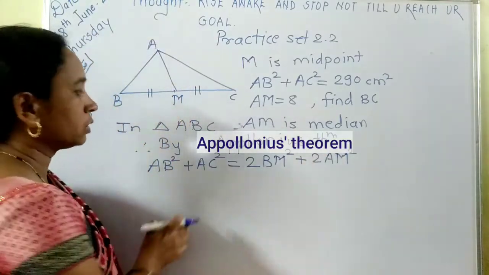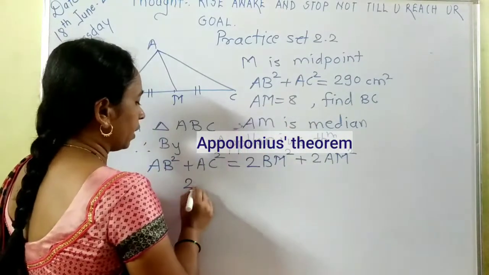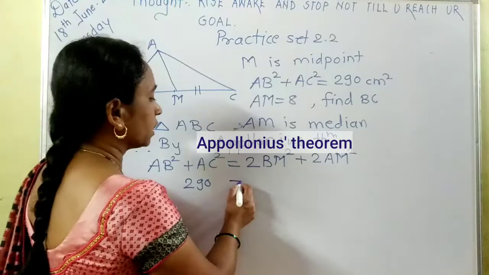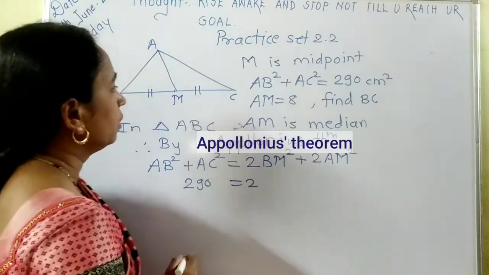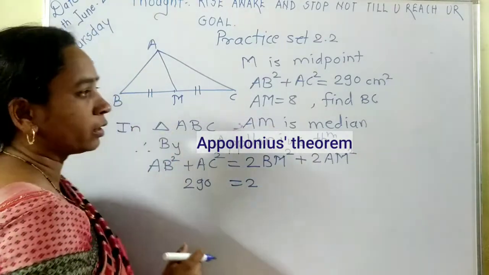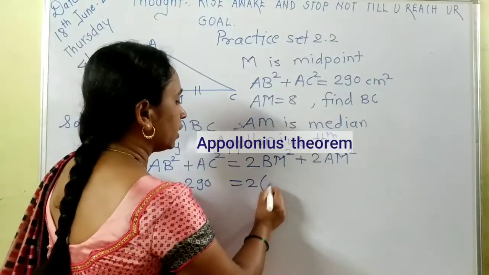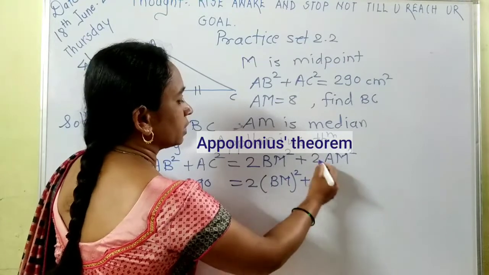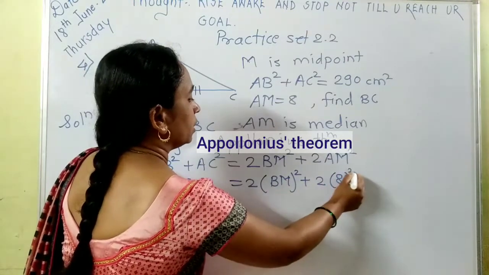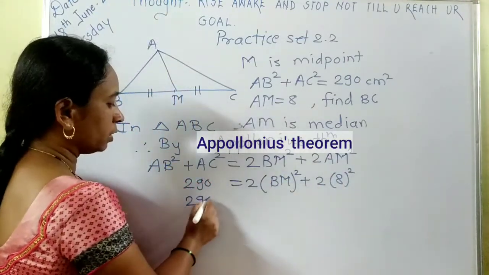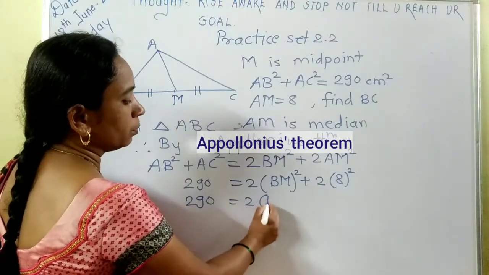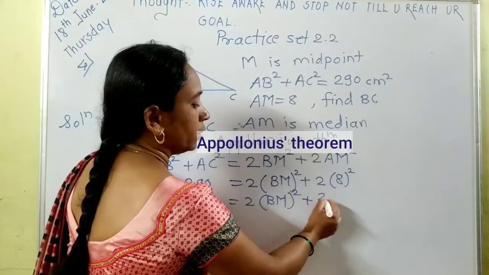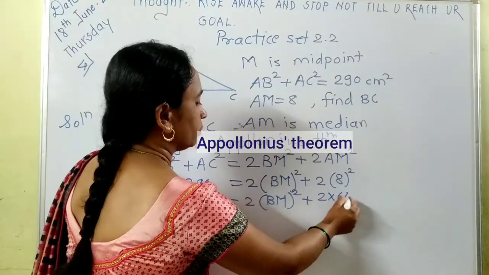Put the value, this value is given 290. So directly we will insert it. So 290 is equal to 2 into BM square. Now here BM's value is not given, we have to find out. So I'll keep BM square as it is, plus twice AM, which is given 8, so 8 square. So 290 is equal to 2 into BM square plus 2 into 64.